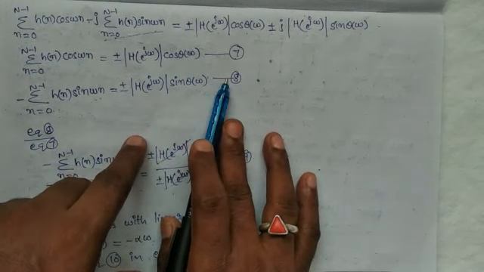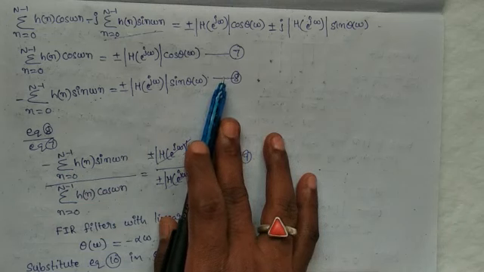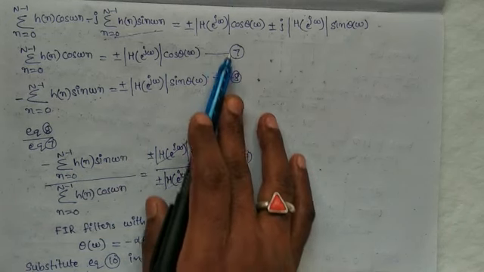Now we are taking the ratio of equation 8 and 7.